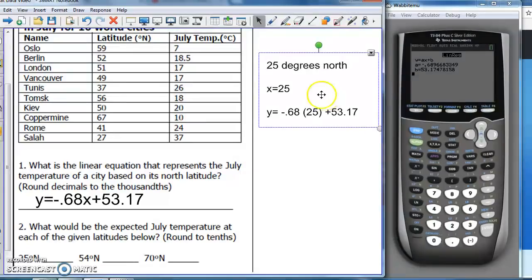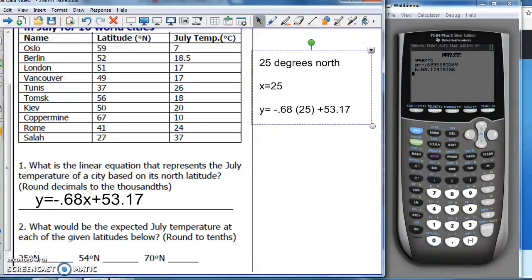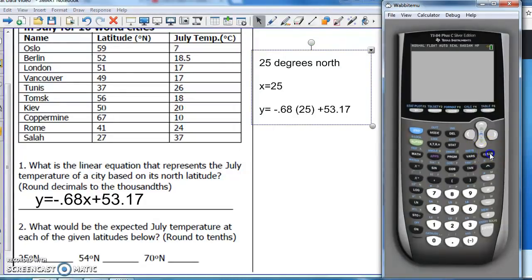So what would I do for 25 degrees north latitude? Latitude is expressed by my x's right here, so it's going to be negative 0.68 times 25 plus 53.17, and using my calculator again, I'm just going to go ahead and plug that in.